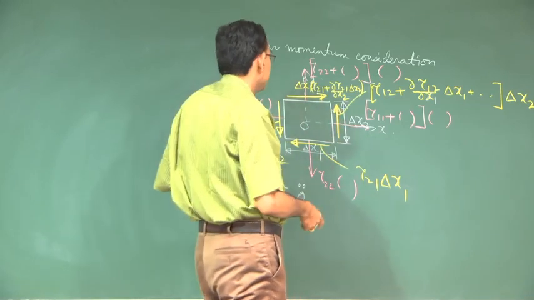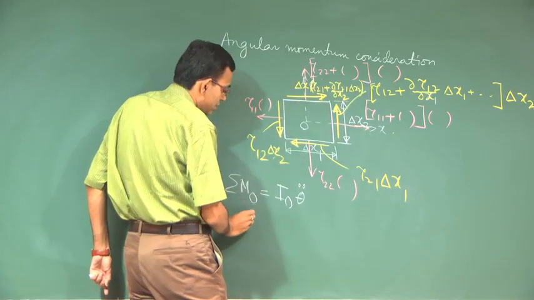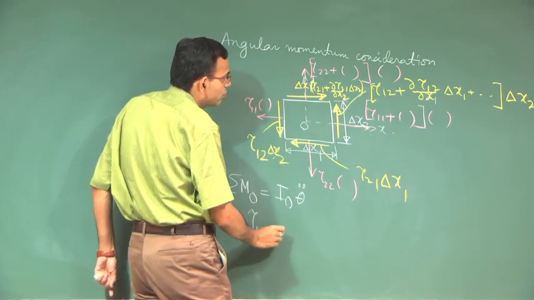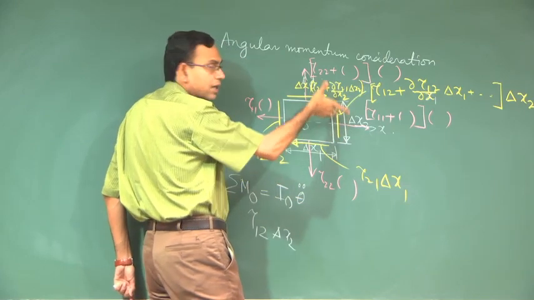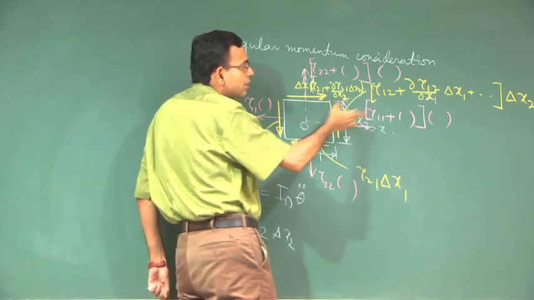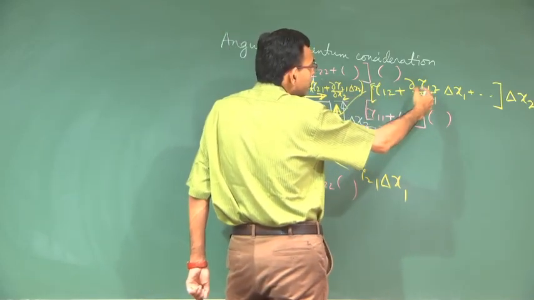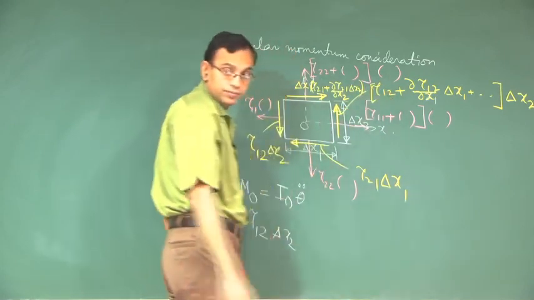So, this will give rise to a counterclockwise moment, which is tau 12 delta x2 times, this is like a couple, equal and opposite parallel forces, not exactly equal, but the inequality is only in the higher order. So, in the leading order they are equal.